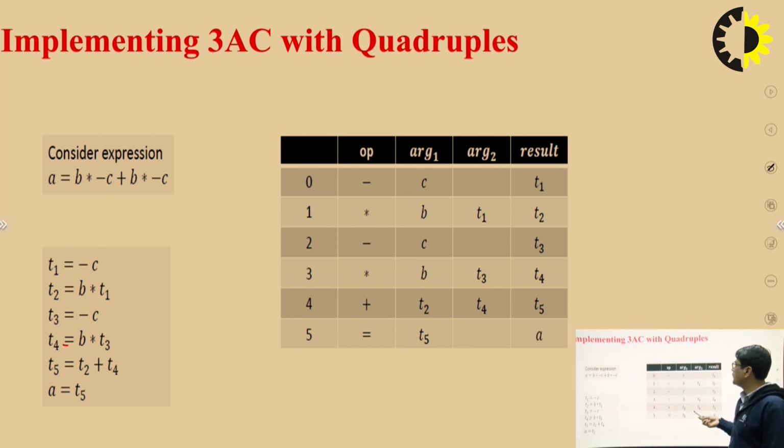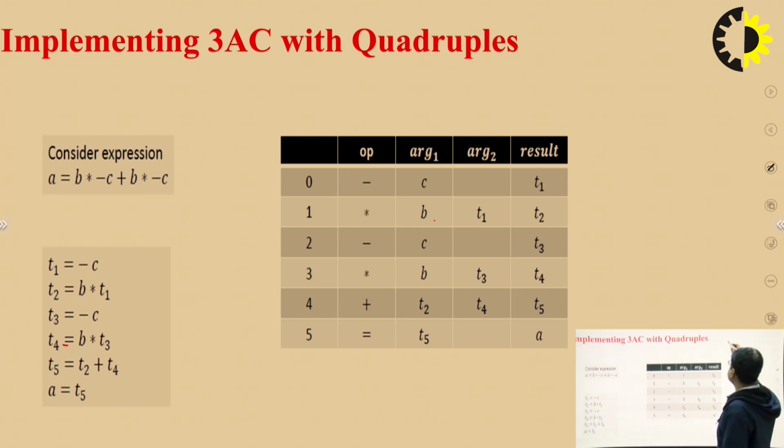After that, the table is generated because it is the representation of the quadruple. The quadruple contains operator, argument 1, argument 2 and result. For T1 equals minus C, the operator is minus, argument 1 is C, argument 2 is blank, and the result is T1. Like star, B, T1, T2. So this is the representation of a quadruple.